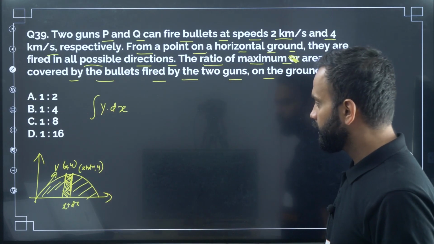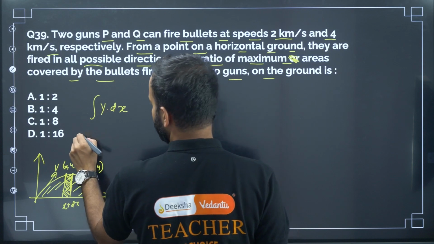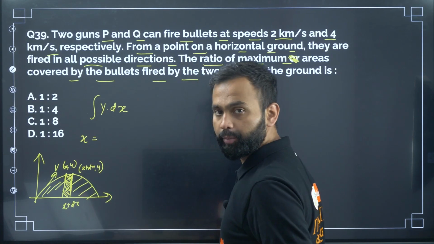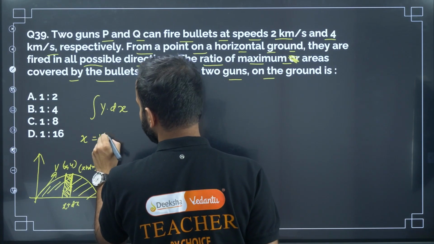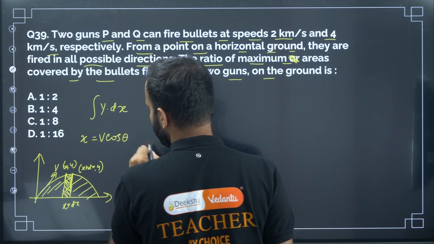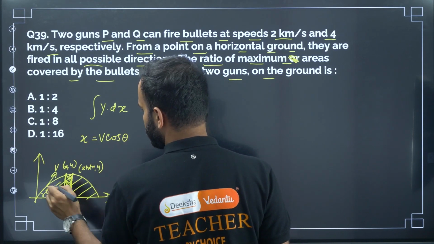So we know that x, the horizontal distance traveled by the projectile, is equal to v cos theta into t, where theta is the angle of projection.